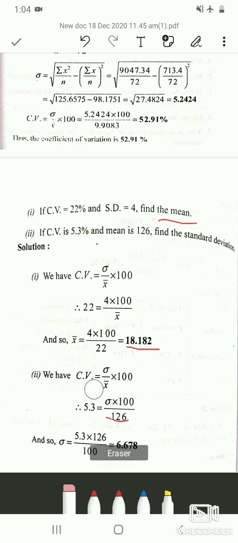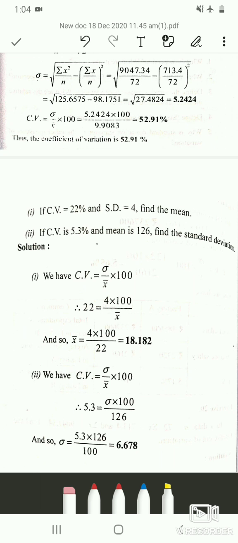With this we complete the concept of coefficient of variation. We have solved almost all types of problems related to coefficient of variation and standard deviation. Go through this topic and if you have any doubts, please clarify those doubts.